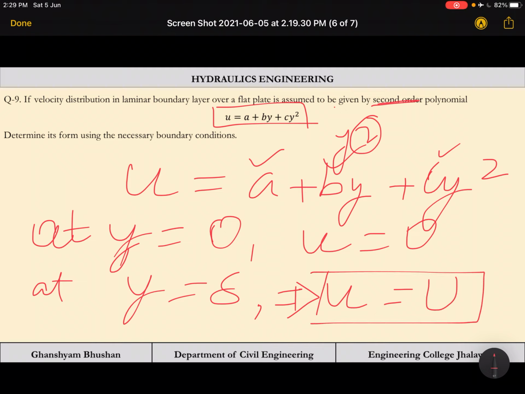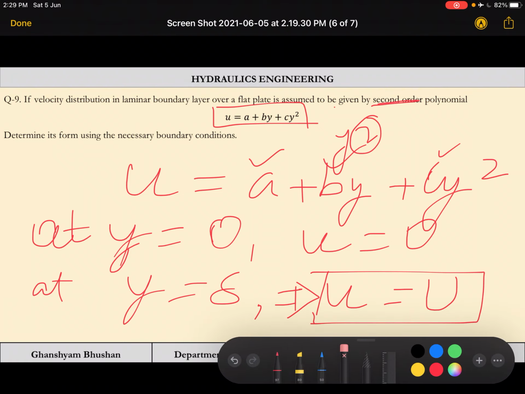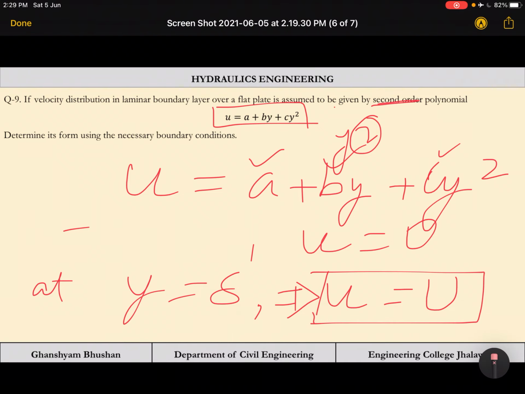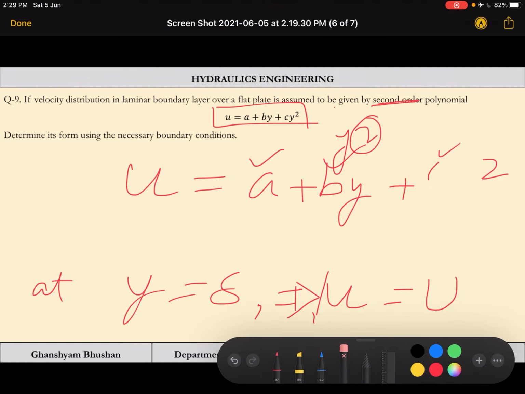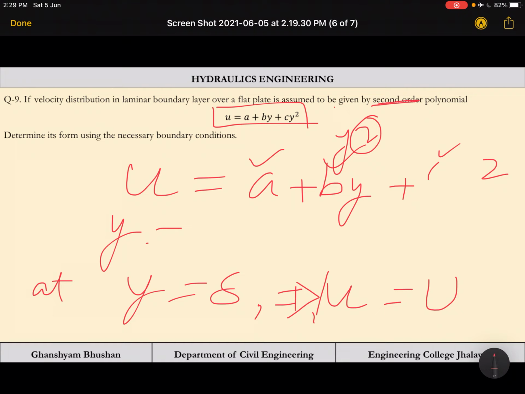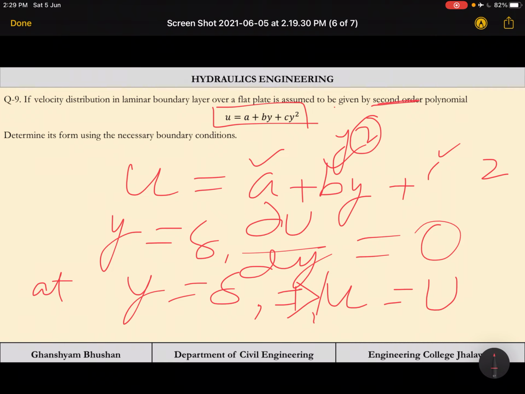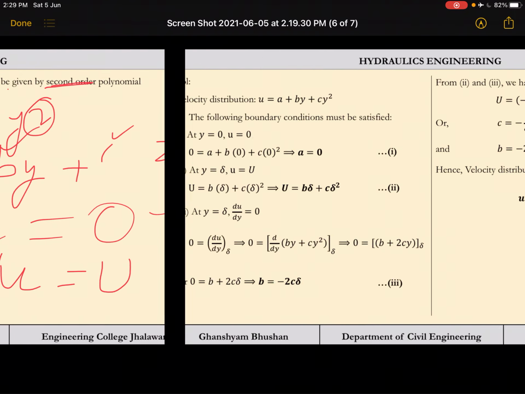So we have two equations in terms of velocity. The third equation: at y equal to delta, the velocity becomes constant, that means du by dy will be 0. So we'll put these values and we will get the result.